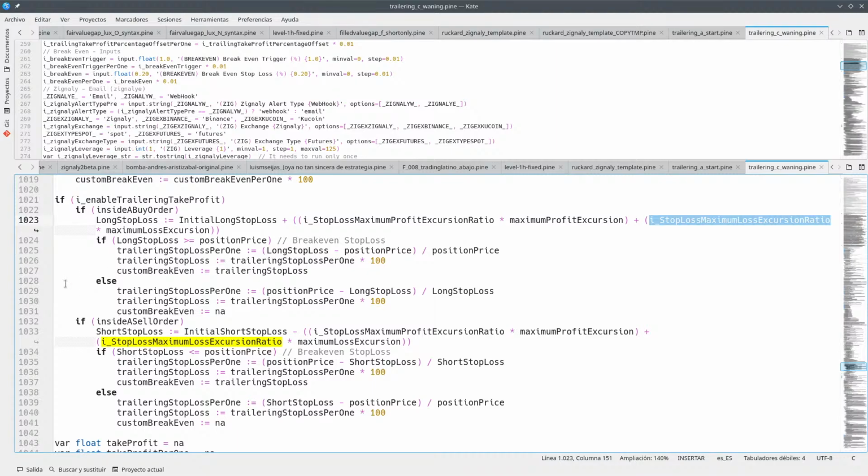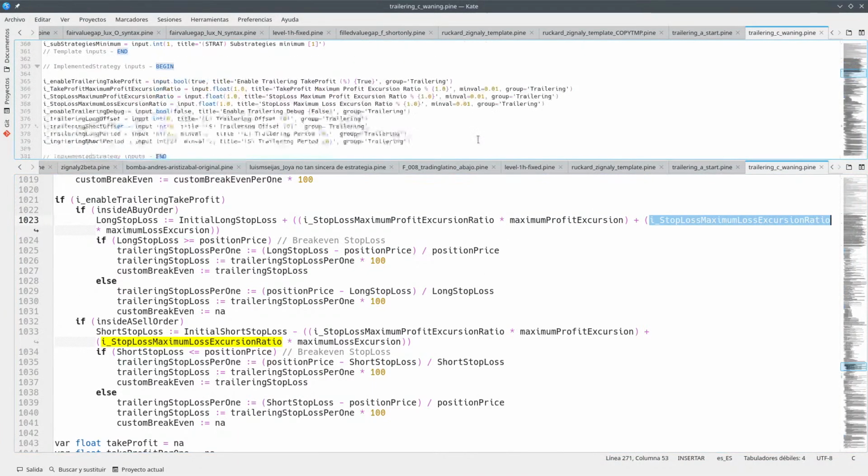Stop loss maximum loss excursion ratio, which I'm not sure what we have here.